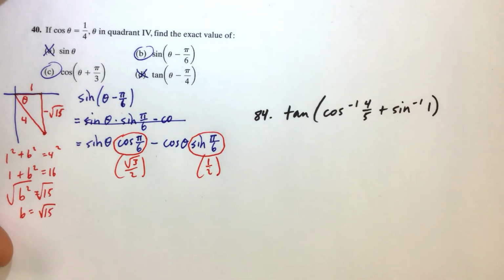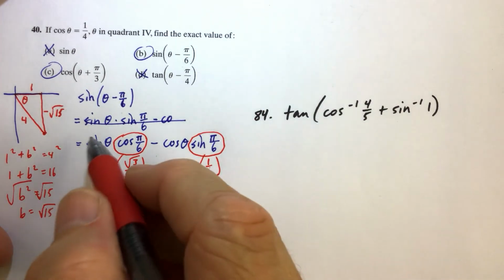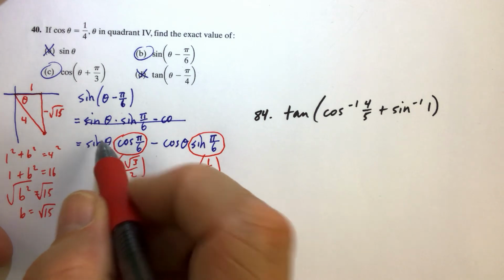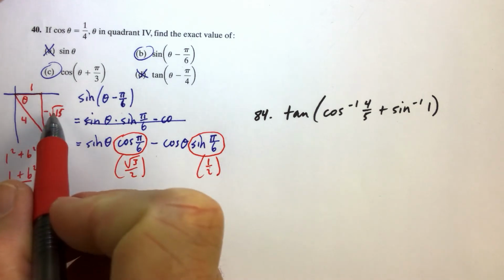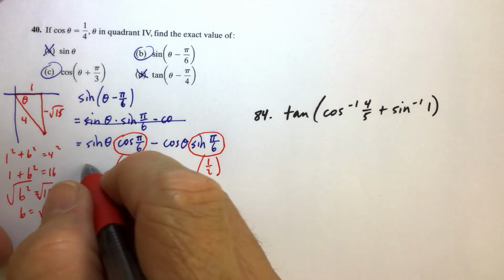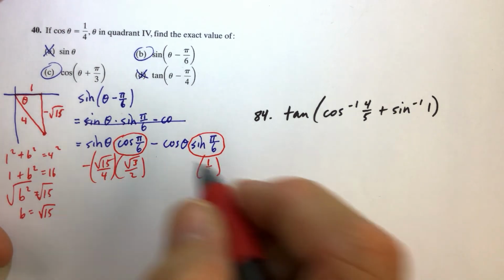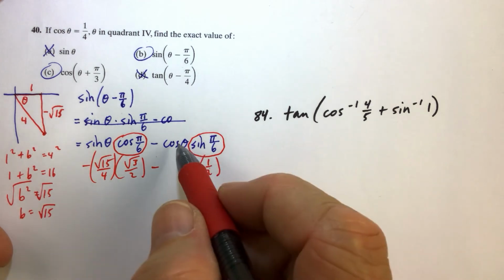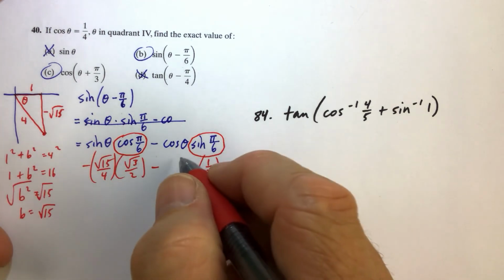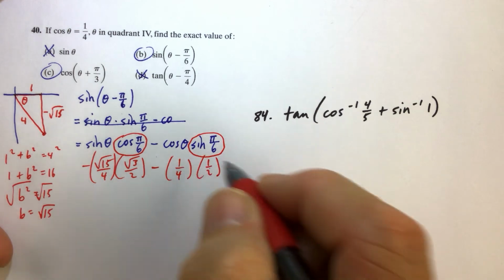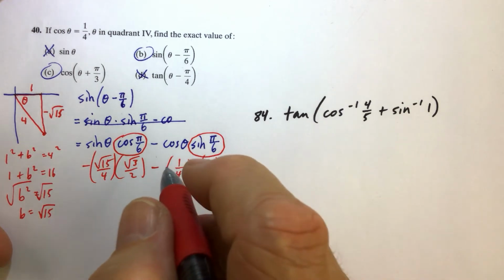So those go in there, but then we have to substitute in sine of theta. So sine of theta is the opposite leg over hypotenuse, and the opposite leg is negative radical 15. Hypotenuse is 4. And then we have this minus here. And the cosine of theta, again, is just 1 over 4.